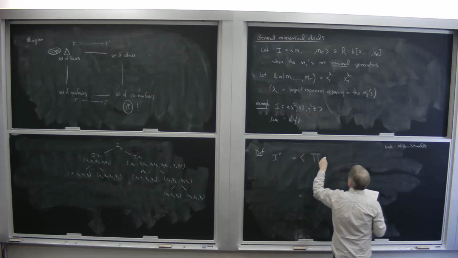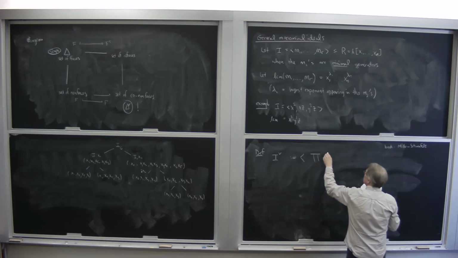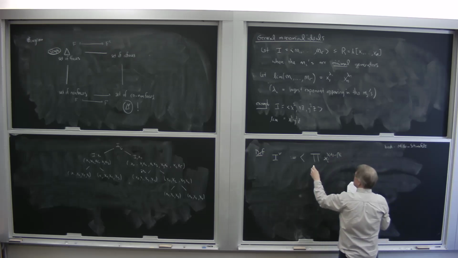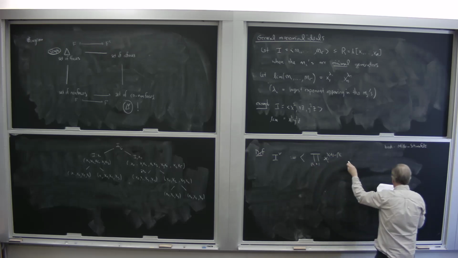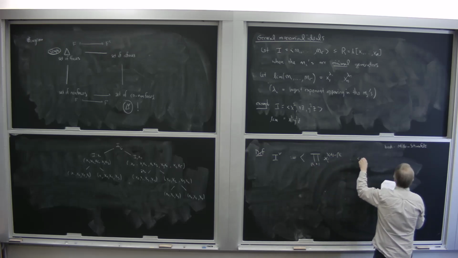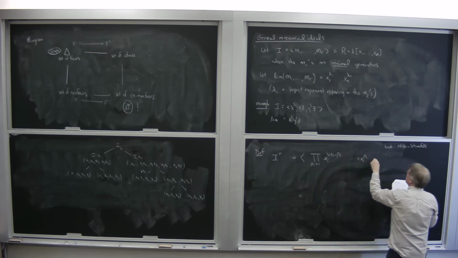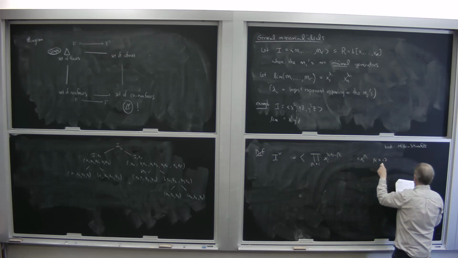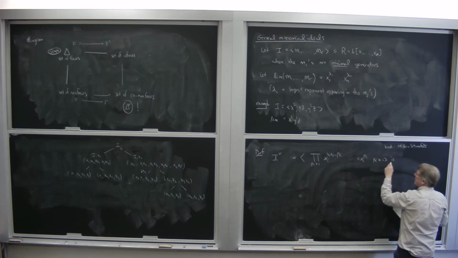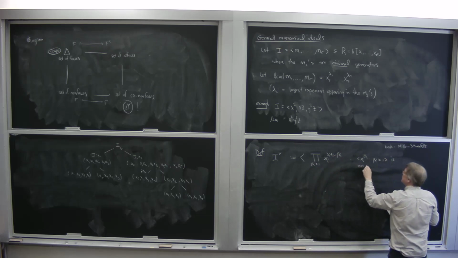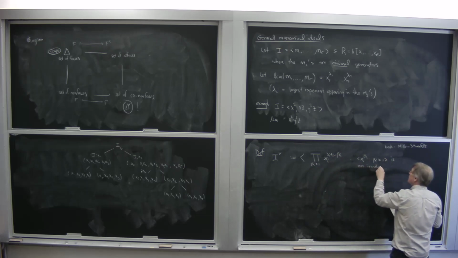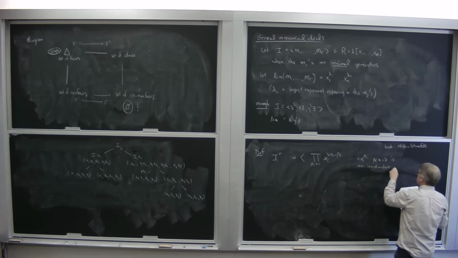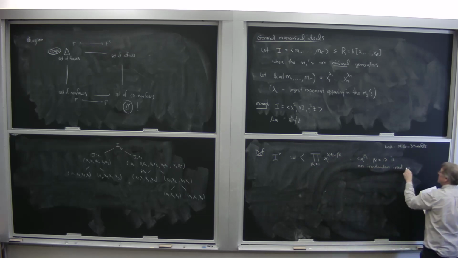It's going to be generated by the products of the xi to the lambda i plus 1 minus beta i, over all things where x_i to the beta i, for beta i greater than or equal to 1, is an irreducible component.